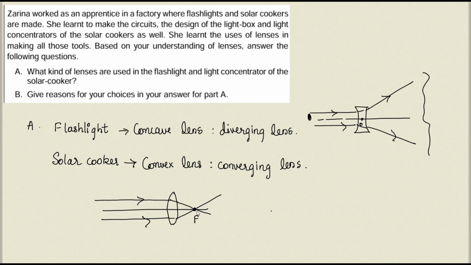At this focus, due to the high intensity of incident rays focusing on that point, the temperature of that point will rise. Due to the increase in temperature, more heat energy will be produced and it will be easy to cook the food, right? For that reason, we are using convex lens in solar cookers as light concentrators. That's the answer.